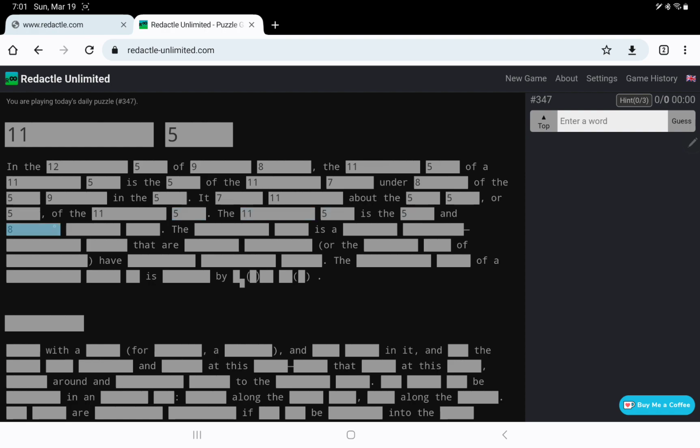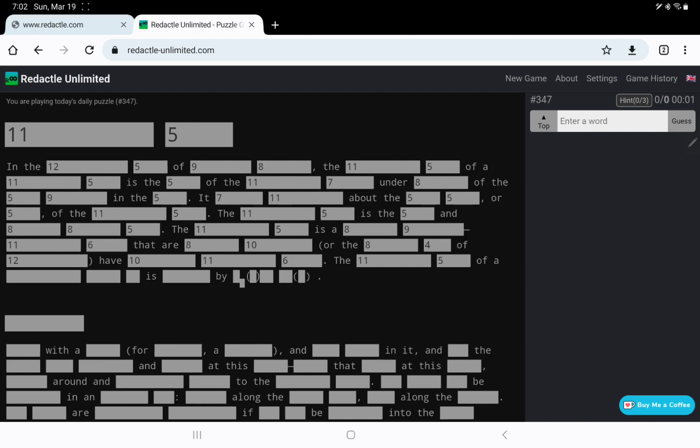And then the 11-5 is the 5 and 8-5, 8-8-8-5, and it's an 8, 9-11, 6. Oh, that's funny. It says it is a something, but then that R, so we switched to plural somewhere in there. Are the 8-4 of 12 have 10, 11, 6.